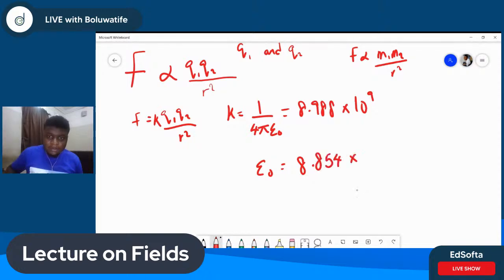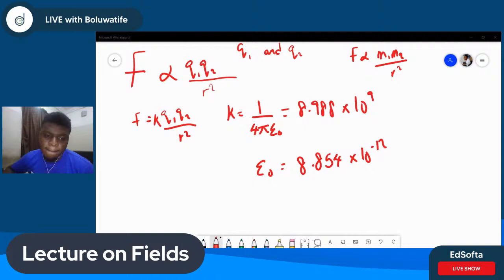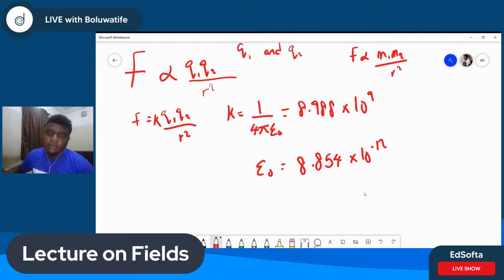So that's what epsilon zero is, and that's Coulomb's law for you.